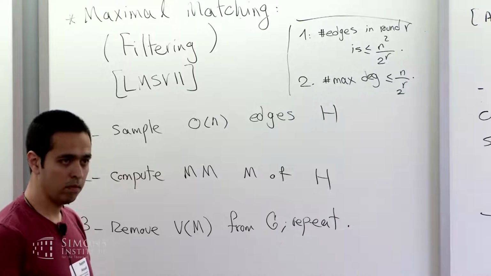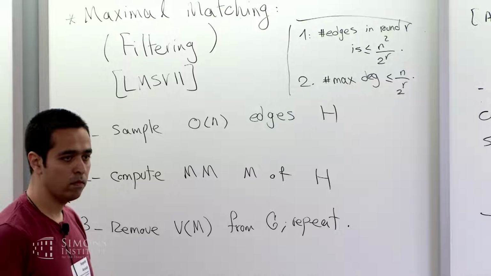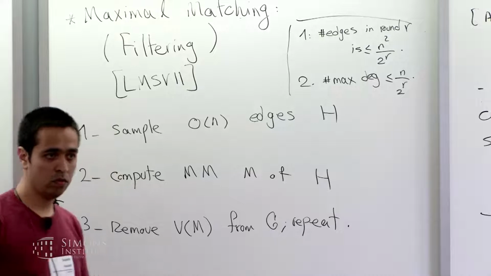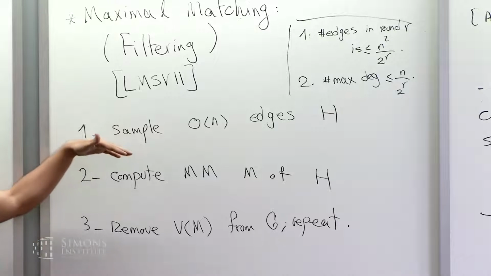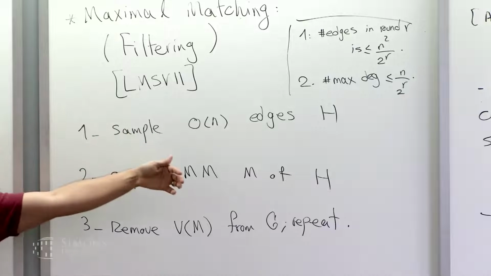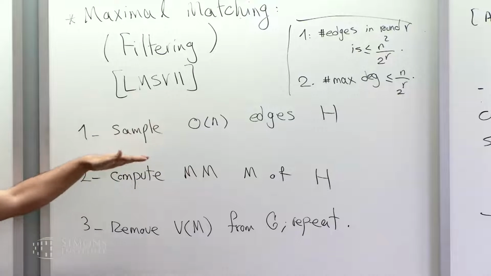Speaking of the previous question by Jelani, I feel like there should be instances where this peeling removes just a 1 over log n fraction of vertices per round. That's so true. Then basically for the first log n rounds, the number of vertices doesn't really go down. So Michael's question is that this algorithm, like what Jelani was suggesting, you can interpret it as this algorithm itself should become better. This algorithm is tight.